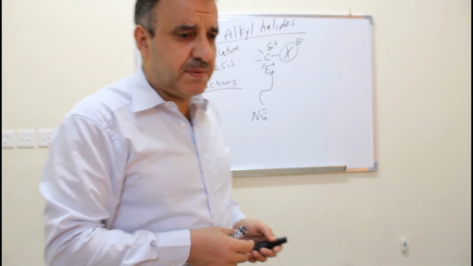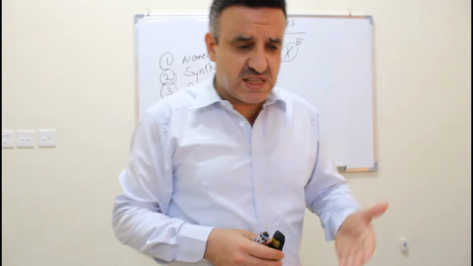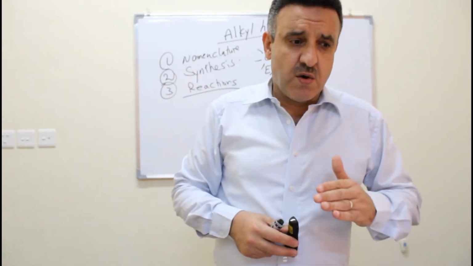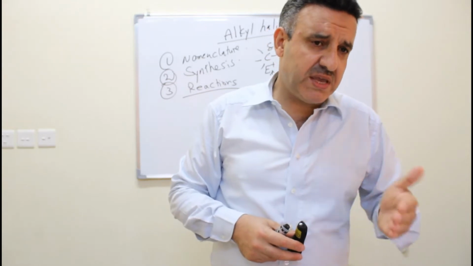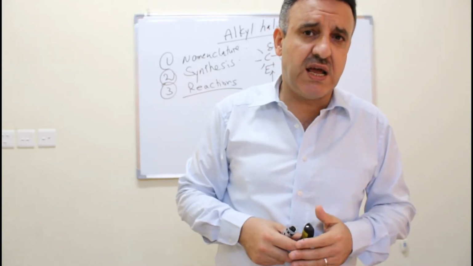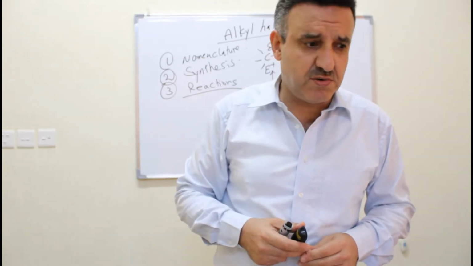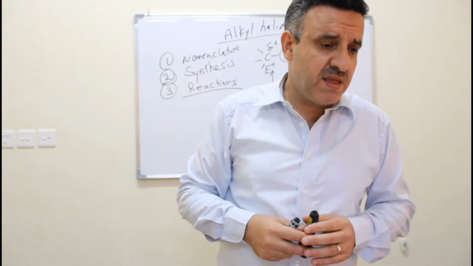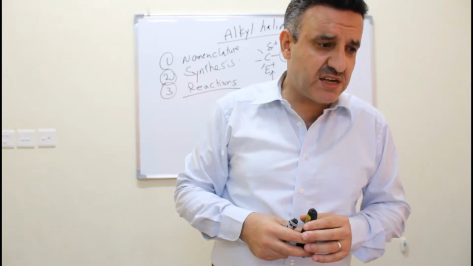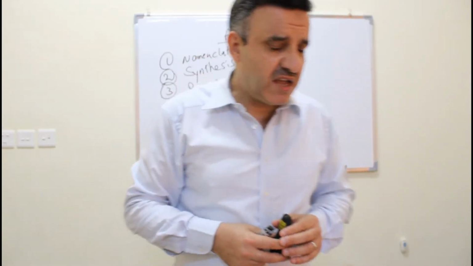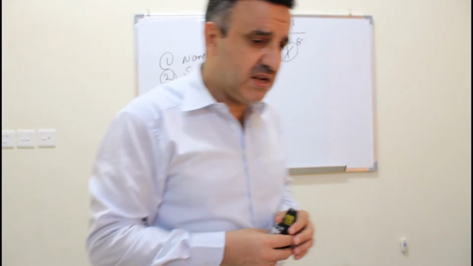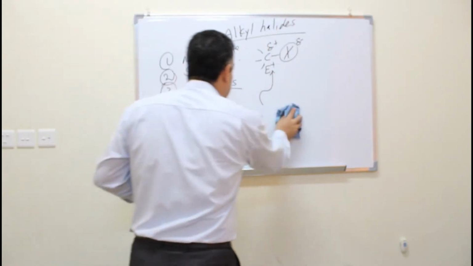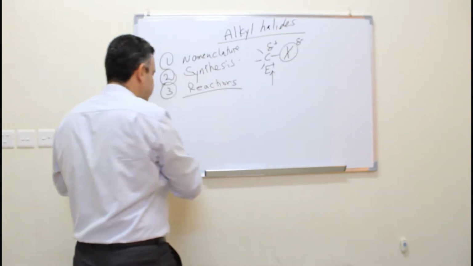Now, for the preparation of alkyl halides, the synthesis: how do we prepare this functional group? We can prepare the alkyl halide from different functional groups, as we have also explained before. For example, the first method is the addition reaction of hydrogen halide to an alkene, which we discussed in chapter 4.